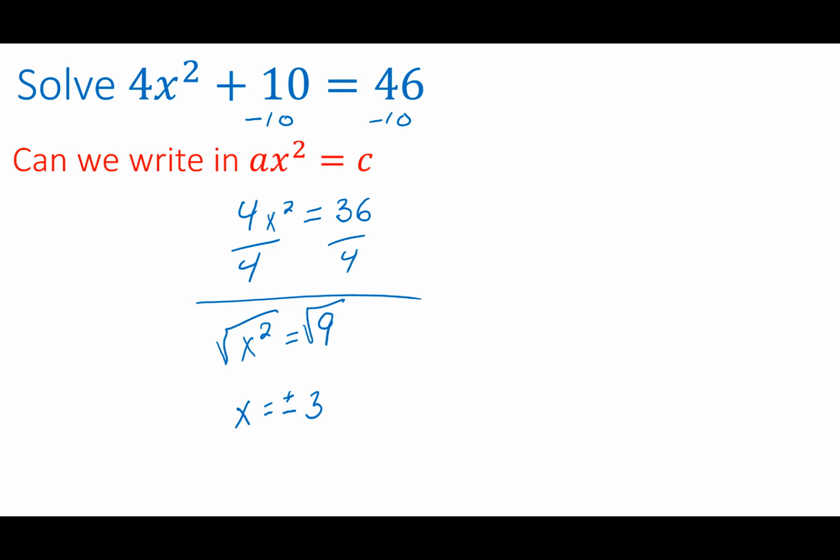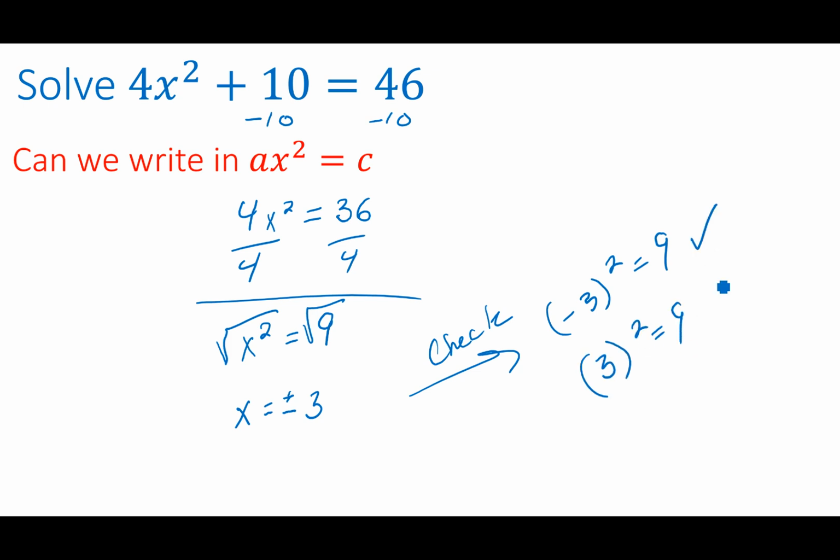So when we're undoing the squaring, we have to be thinking logically about what is actually happening. And we can always check this. If I wanted to check, I could say, well, -3 squared, yep, that equals 9. But +3 squared, that equals 9 as well. So my final answer is plus or minus 3.